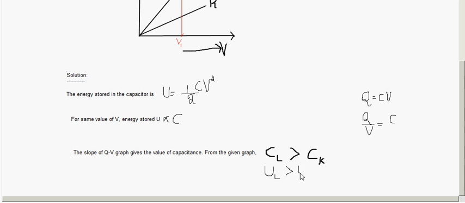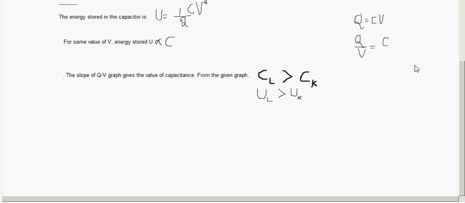The energy stored in L will be greater than the energy stored in K, because slope is greater for L. You can clearly write capacitor L will store more electrostatic energy.